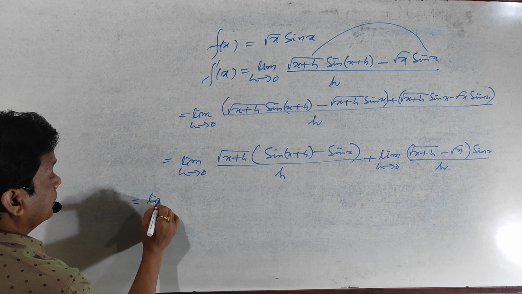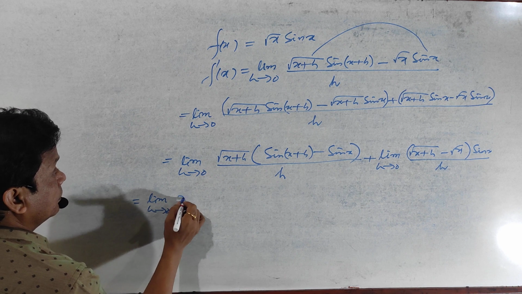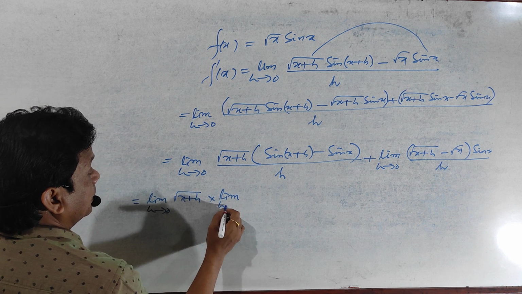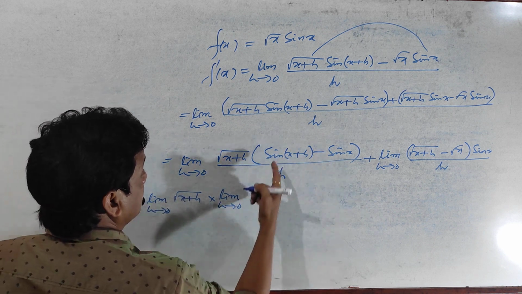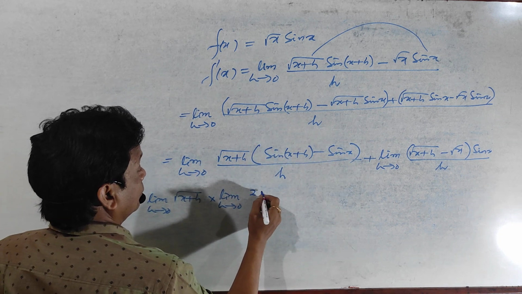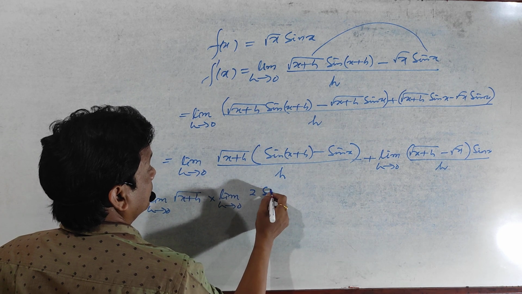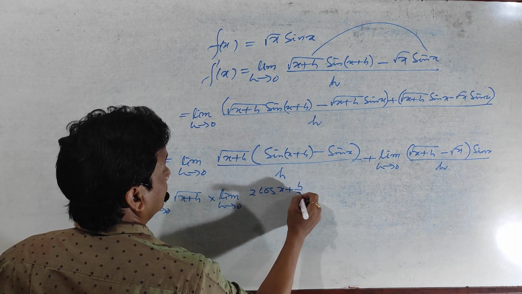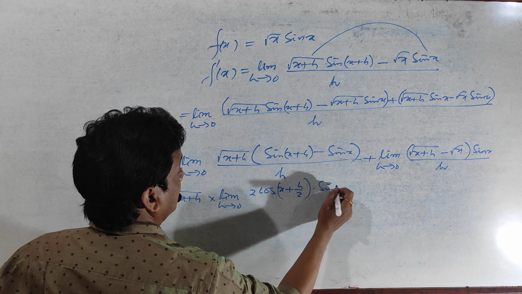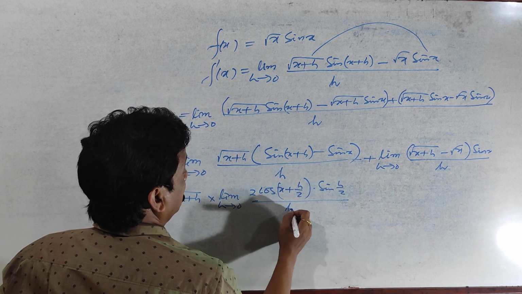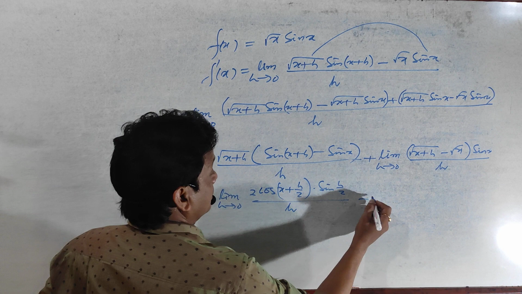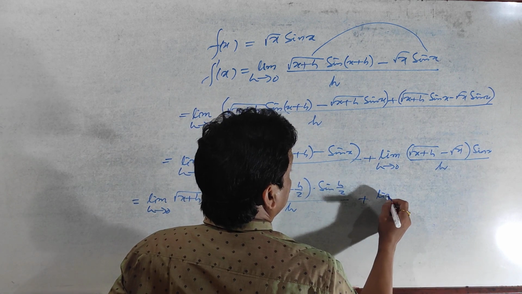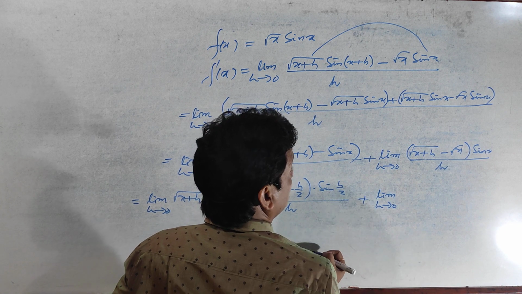See here, limit h tends to 0, root over of x plus h into limit h tends to 0. This one is sin c minus sin d, 2 sin, 2 cos of c plus d by 2, x plus h by 2, into sin h by 2 divided by h, plus, you have to rationalize this one, limit h tends to 0.